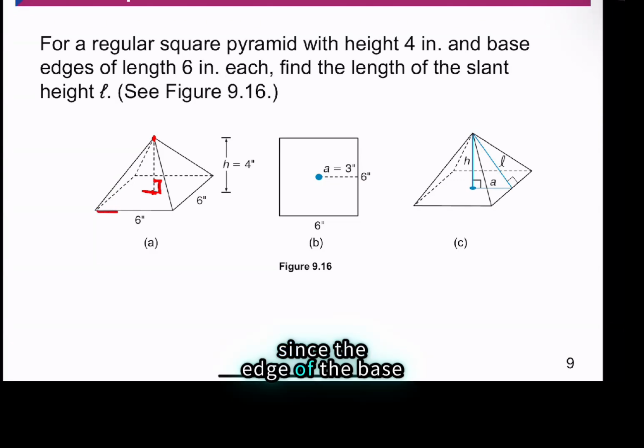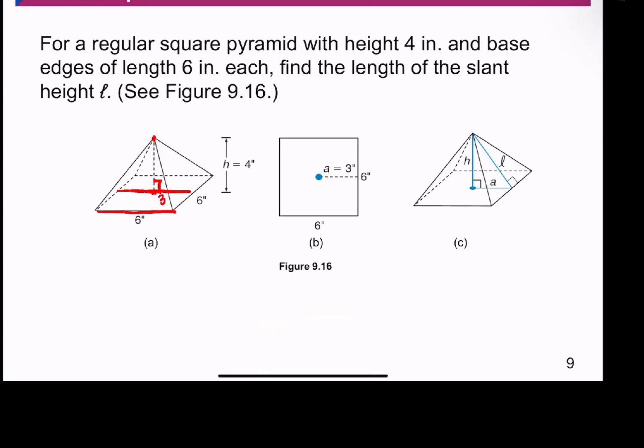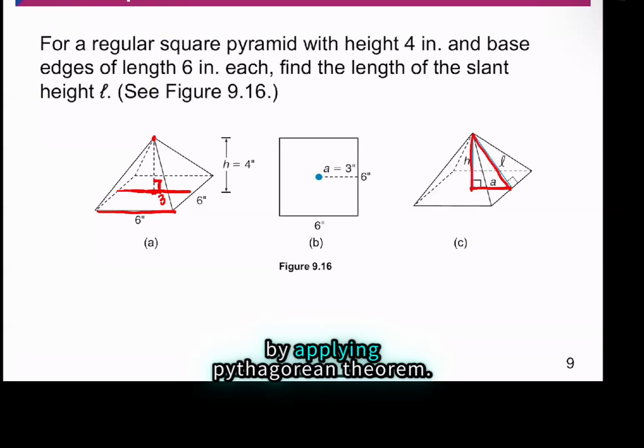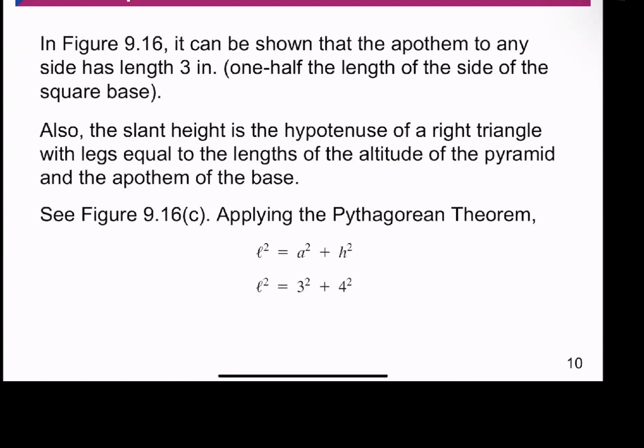Since the edge of the base is 6, we can consider half of this length, 6 over 2, which is 3. Thus, the height is 4, half of the base is 3, and we can compute the slant height L by applying the Pythagorean theorem.